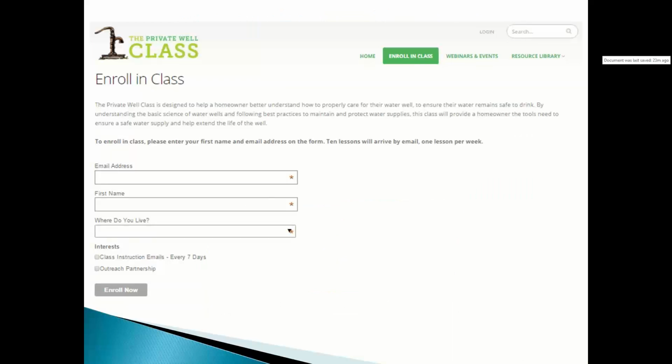Participants are asked to sign up by providing an email address, first name, and the state you live in. Once you're signed up, you'll receive 1 lesson per week over a 10-week period. Each lesson is about 6 to 10 pages of reading, so it's not too much, but it's enough to give you good information. And this is an excellent website if you're interested in learning more about wells or drinking water.